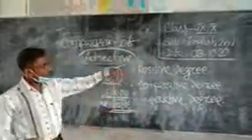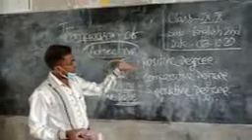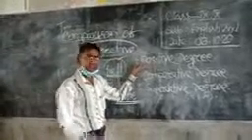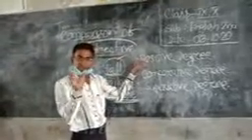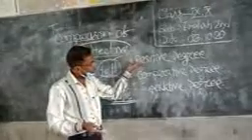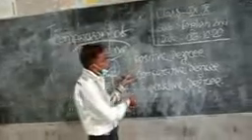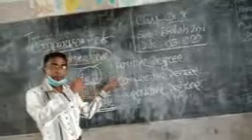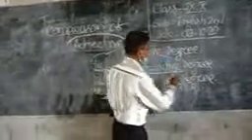We can give the definition of positive degree: when the quality of some noun or pronoun is simply described, that is called positive degree. When the quality of something is compared with another one of the same quality, it is called comparative degree.